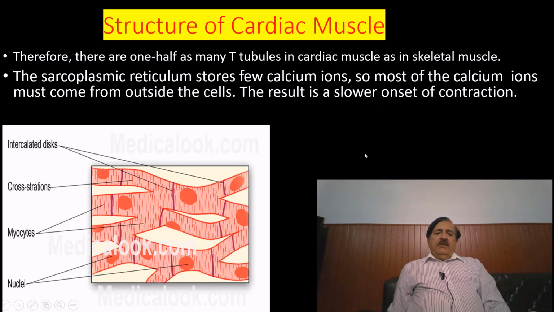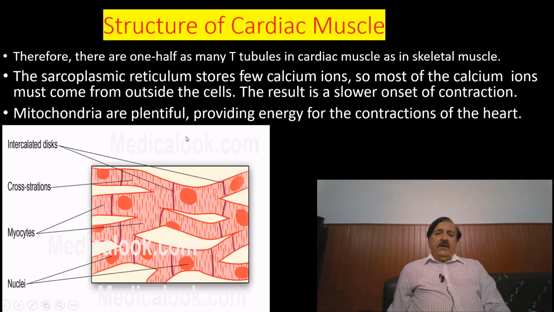The contraction of the cardiac muscle is slow compared with the skeletal muscle because it contains less calcium in the sarcoplasmic reticulum, and during contraction most of the calcium is drawn from the extracellular fluid.